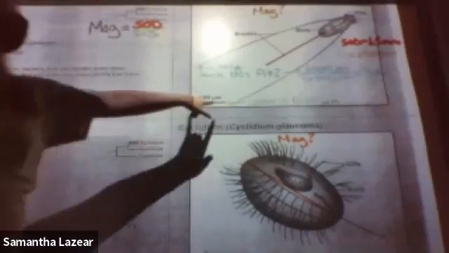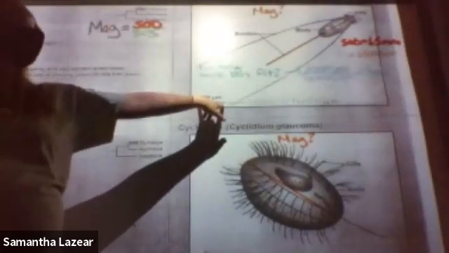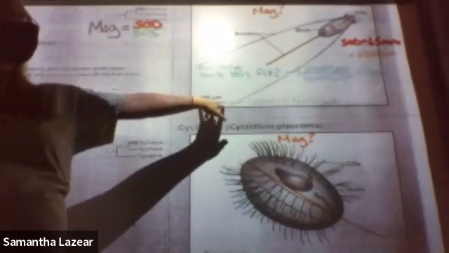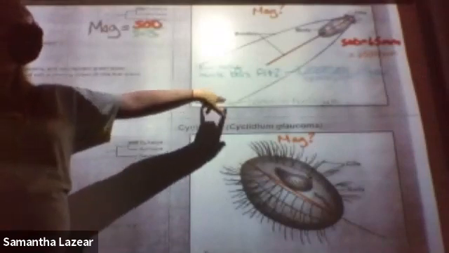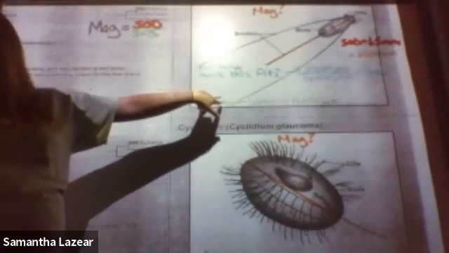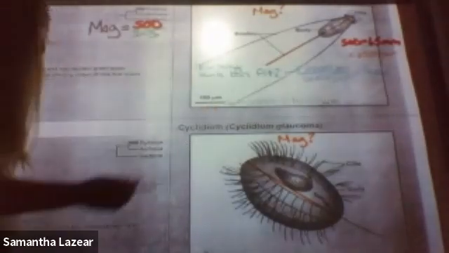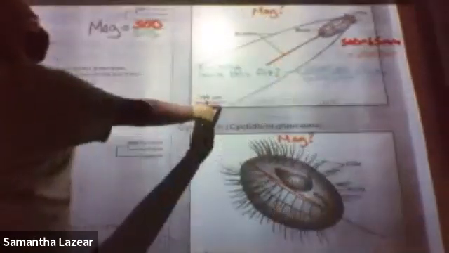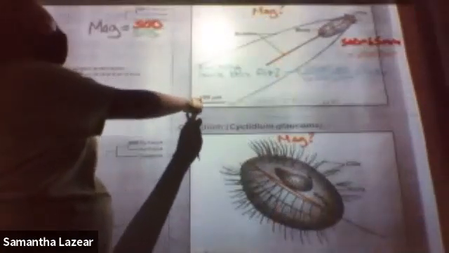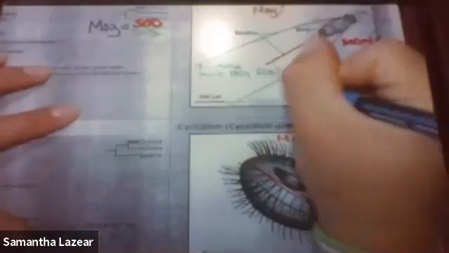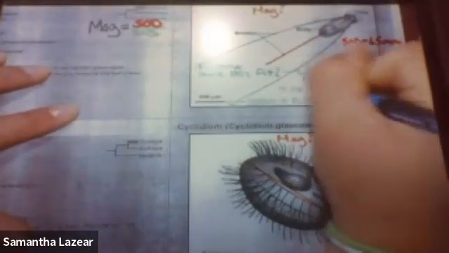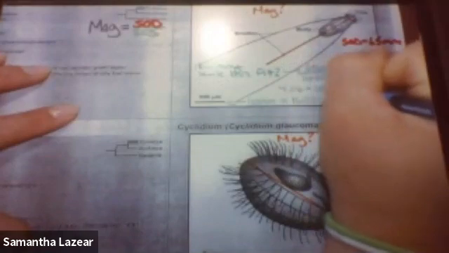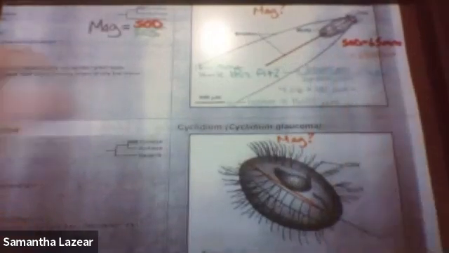We want 4.06 scale bars, right? 4.06 times what? 4.06 times 100, because we know we have 4.06 of these, and each one represents 100 micrometers. So we do 4.06 times 100 micrometers, and that will be our size of specimen.